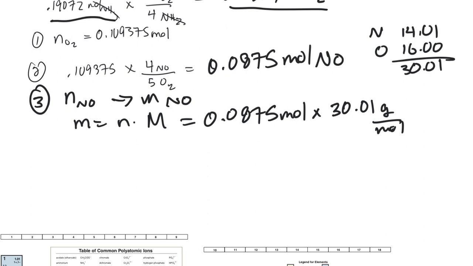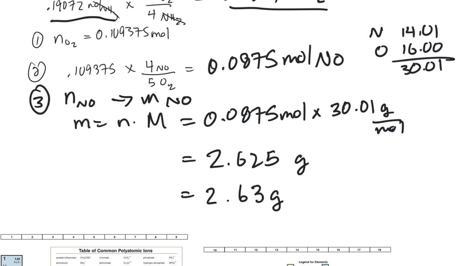So let me multiply those. Yep, grams. Now it's probably 3 sig figs, so I'd round that to 3. So 2.63 grams of NO.